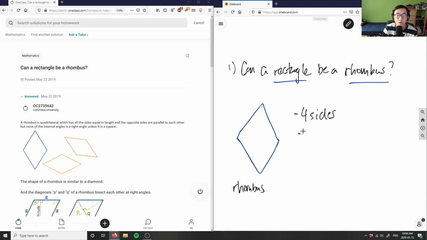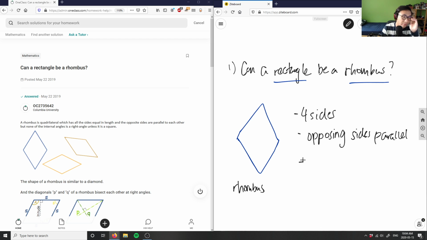Two opposing sides are parallel. So you can say these two lines here are the same length. But these two here have the same slope, and these two also have the same slope. So I'll say opposing sides are parallel. That's how you spell opposing. Opposing sides parallel.